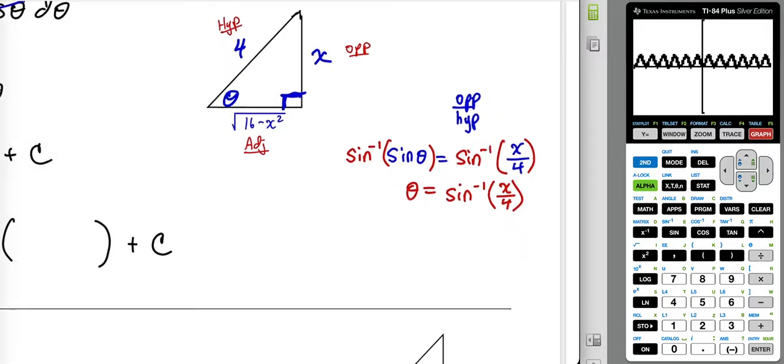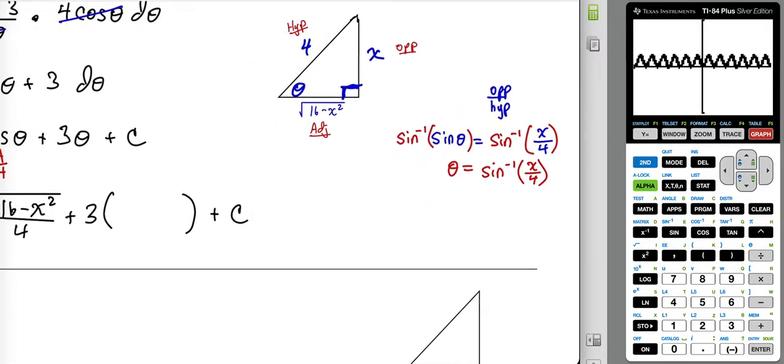Now, no matter which one you selected, let's say you decided you wanted to go with cosecant, it still would have worked. You would have gotten theta is equal to the inverse cosecant of 4 over x. Or theta is equal to the inverse cosine of the square root of 16 minus x squared over 4. Whatever ratio you select is going to be right, as long as you carry out the process the right way. But the simplest one appears to be this one.